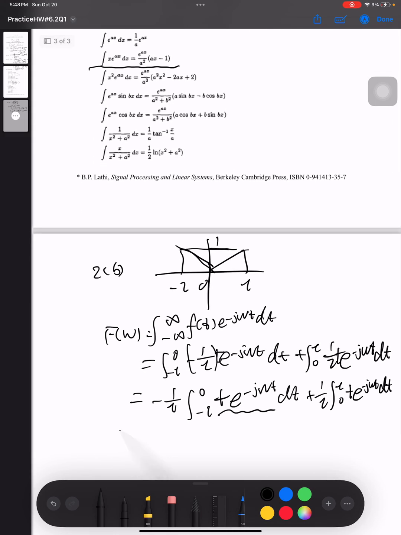It's the integral of x times e^(ax) dx, which equals e^(ax) over a squared, times (ax minus 1).